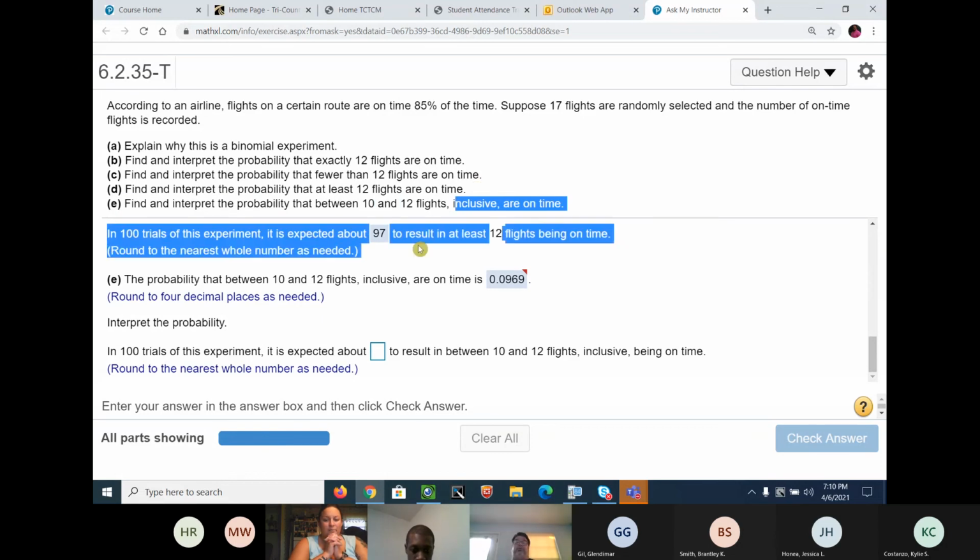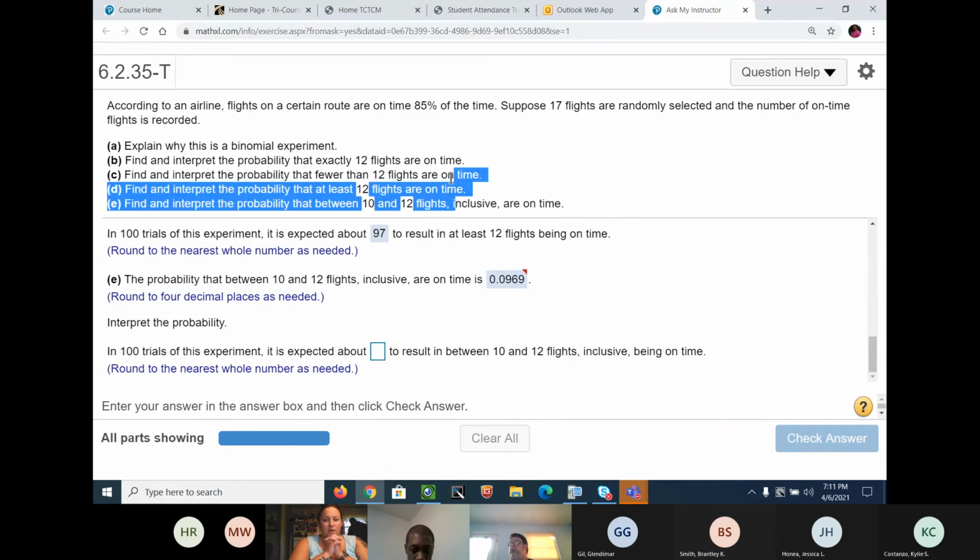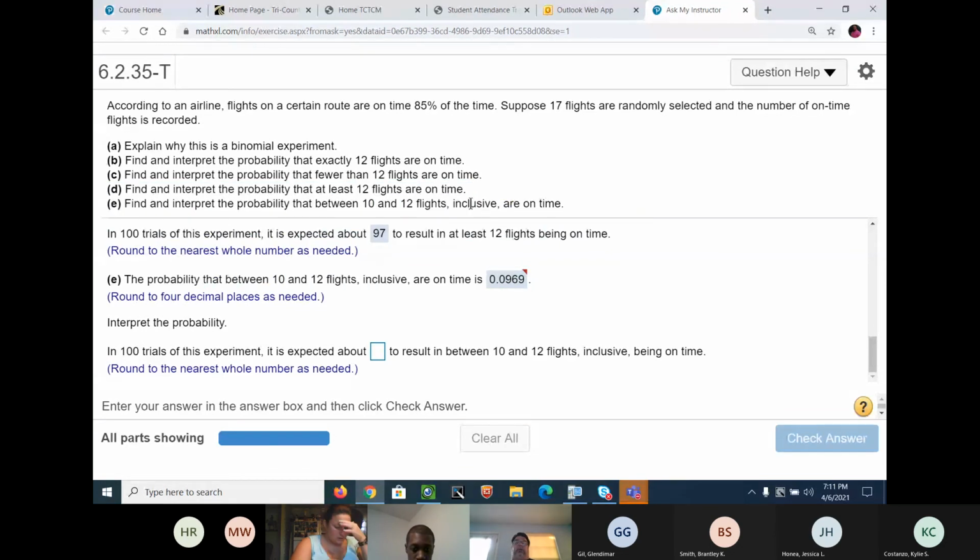That means you include 10 and 12. I'm sorry, I led you astray. I didn't see that word. So now you got to do 10, 11, and 12. So you got to add all 3 of them. I messed you up on that one. So I'm going to redo it right here. I'm sorry.